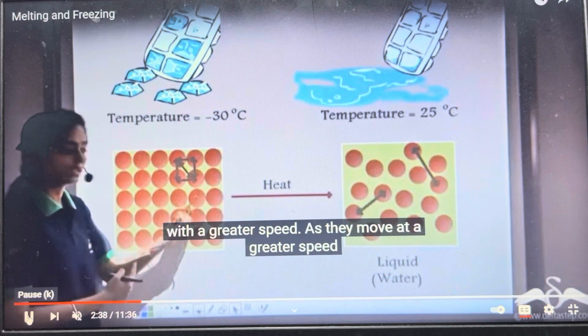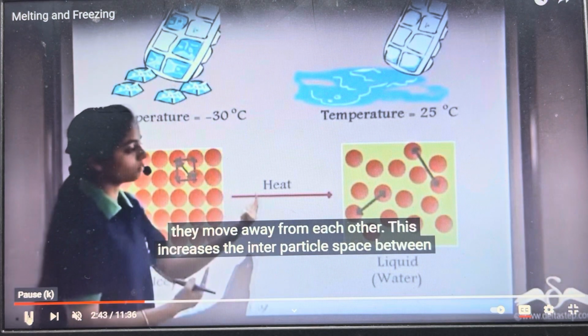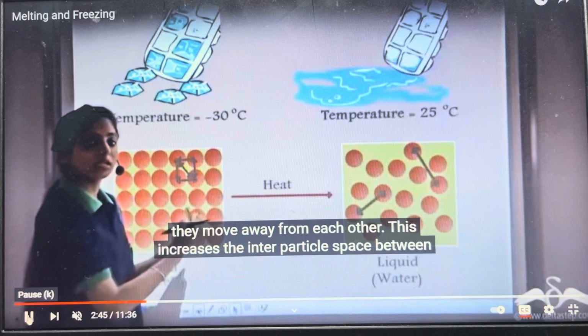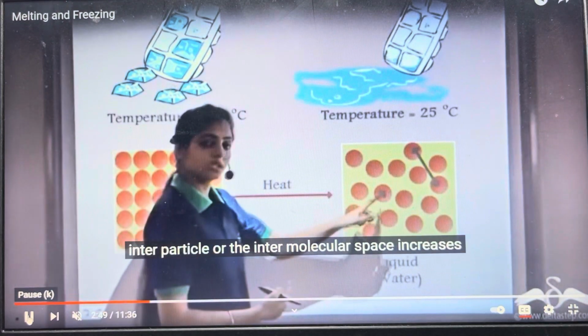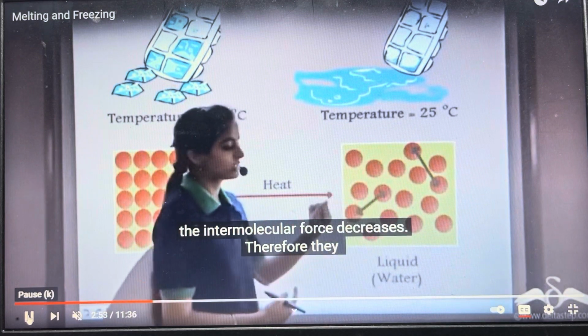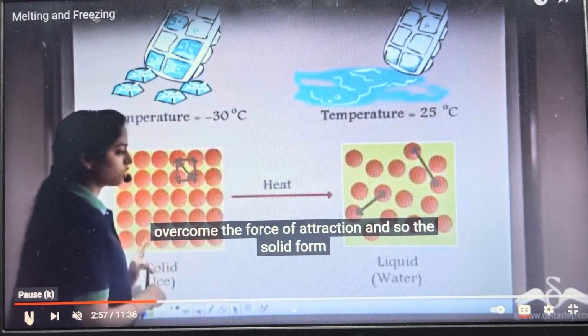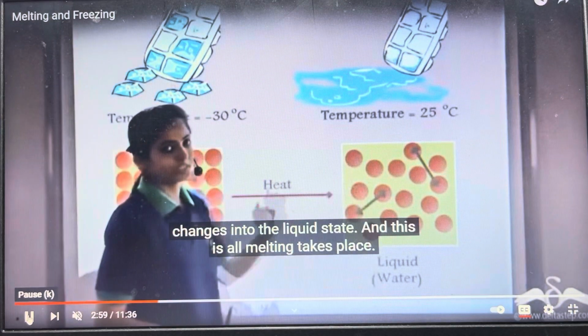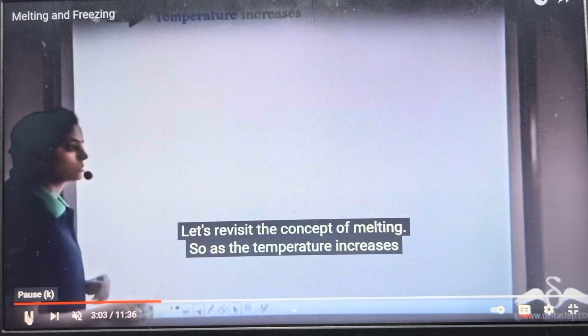Thus, they start vibrating with a greater speed. As they move at a greater speed, they move away from each other. This increases the interparticle space. Interparticle or the intermolecular space increases. The intermolecular force decreases. Therefore, they overcome the force of attraction, and so the solid form changes into the liquid state. And this is all melting.